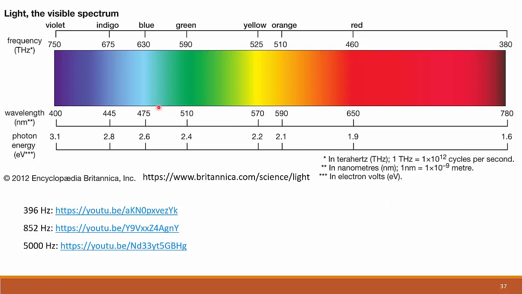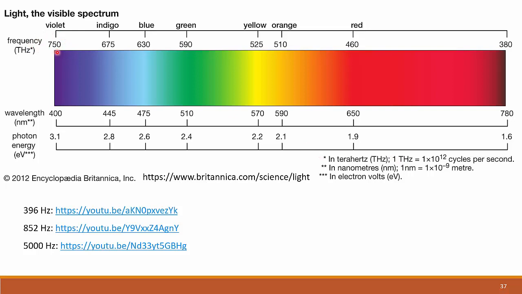Here is the visible light. Now here we are going from high frequency to low frequency, or from low wavelength to high wavelength. This picture, I just extracted it from the Encyclopedia Britannica website. The frequencies here are given in terahertz, which is a huge number.